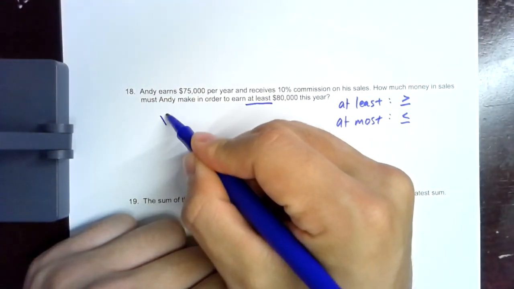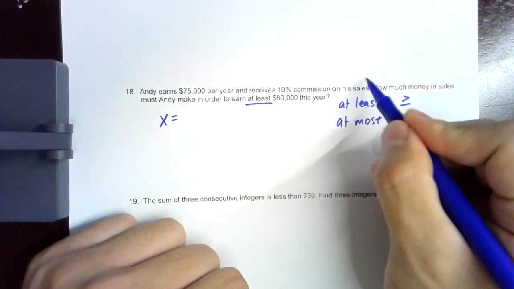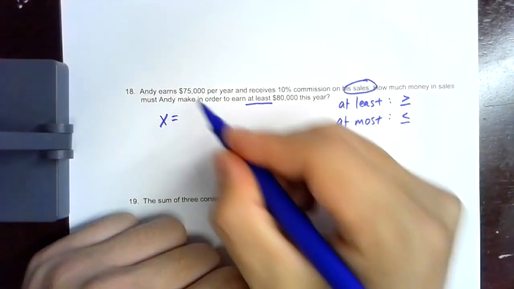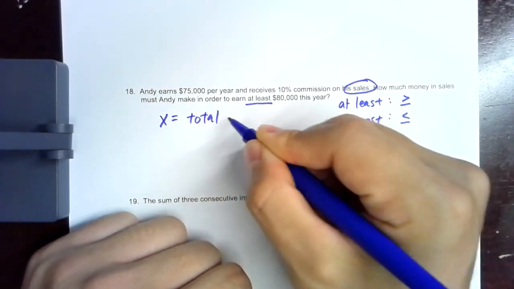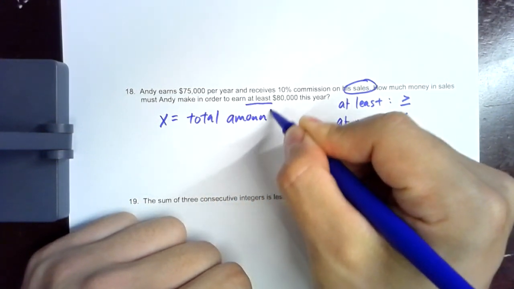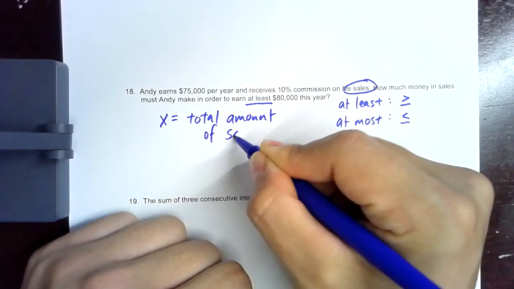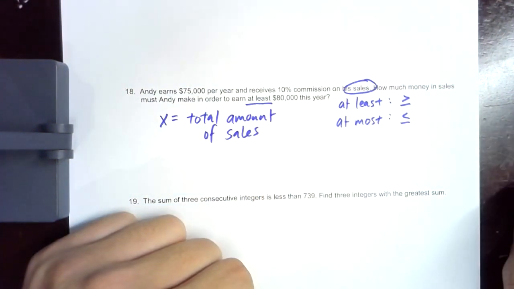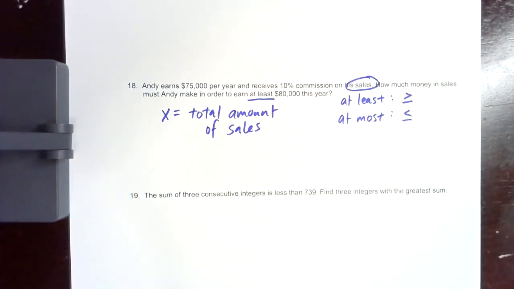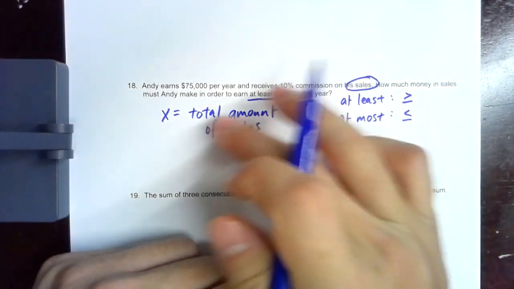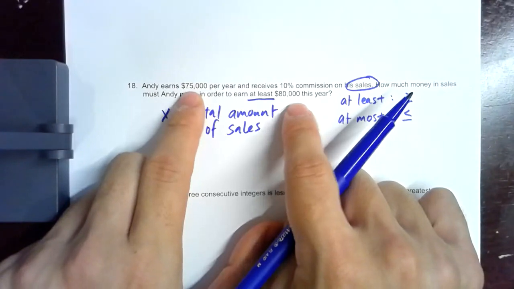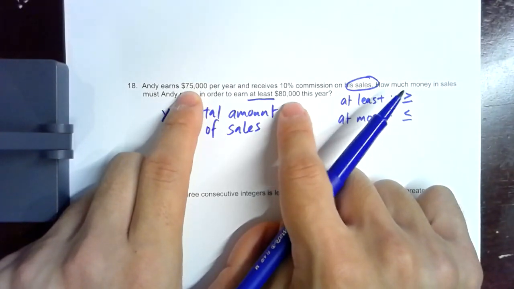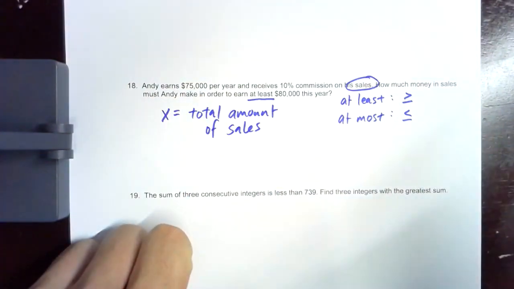So let's first say X, let's classify X on his total sales, right? We don't know his total sales, so it's total amount of sales. That's kind of what we're solving for, right? How much money does he have to have in sales in order to earn basically, essentially $5,000 or more, right? He already makes 75, and he wants to make 80,000.